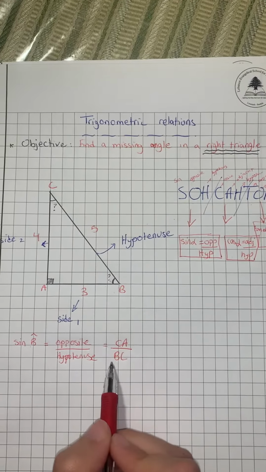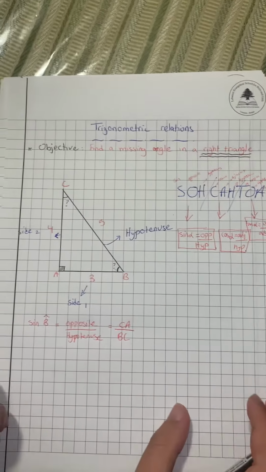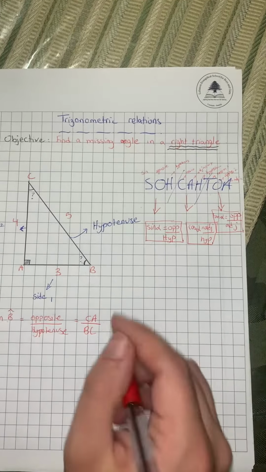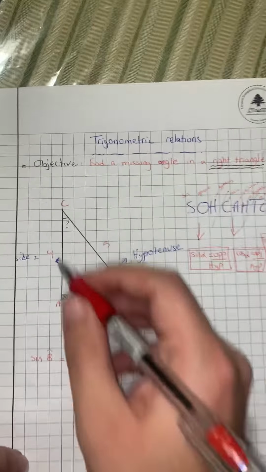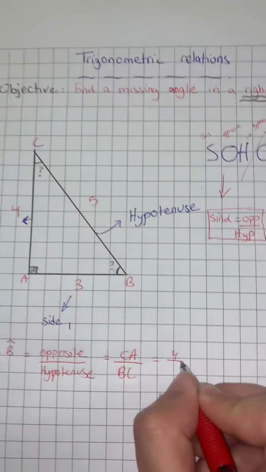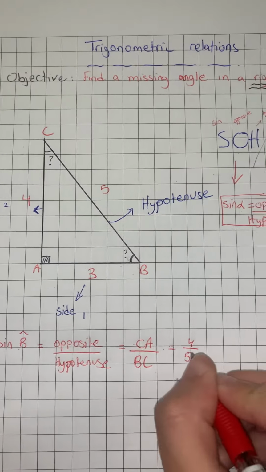It doesn't matter if you write CB or BC or side AC or CA, it is the same. So now you simply substitute by the given sides. CA measures 4 over BC, it is 5. So 4 over 5 is equal to 0.8.